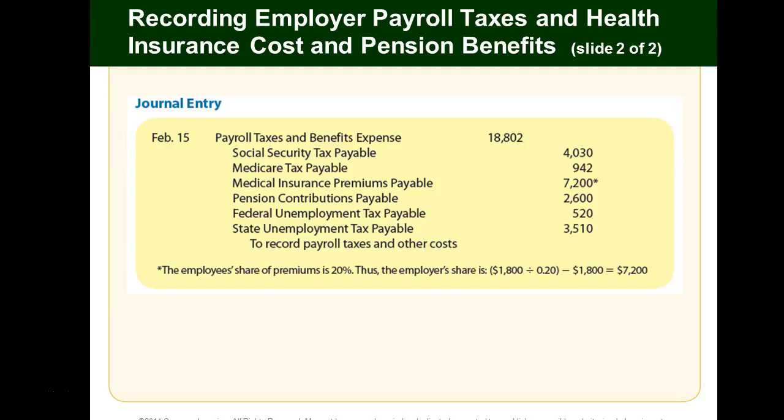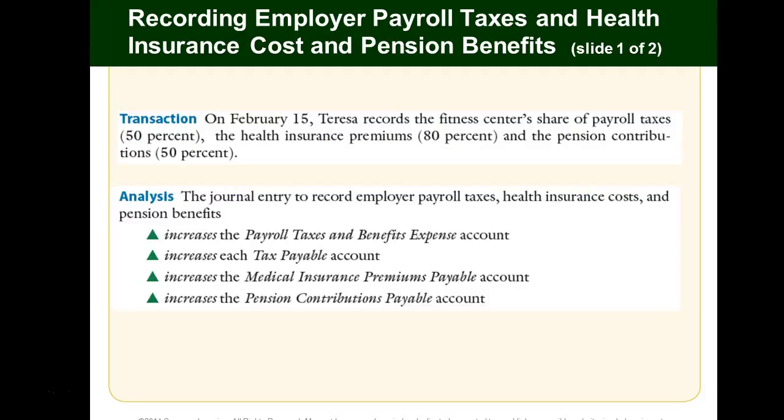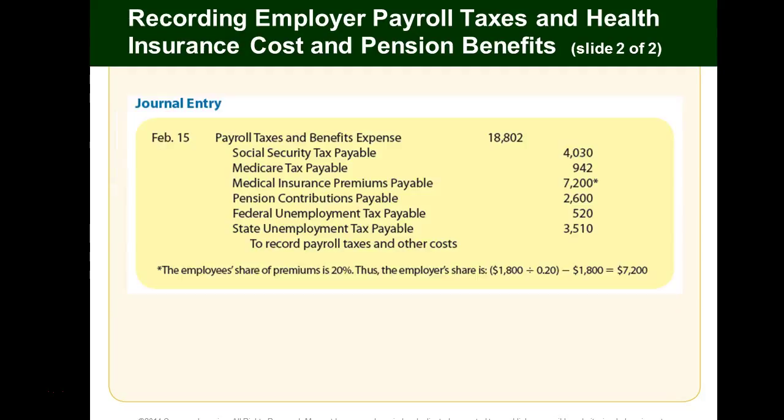So, on February 15th, Teresa records the fitness center's share of payroll taxes, the health insurance premiums, and the pension contributions. So they also have to match the payroll taxes. The health insurance premiums, they pay a lot more than what the employee pays, and the pension, they contribute the same amount.